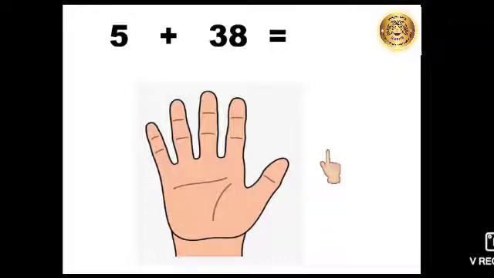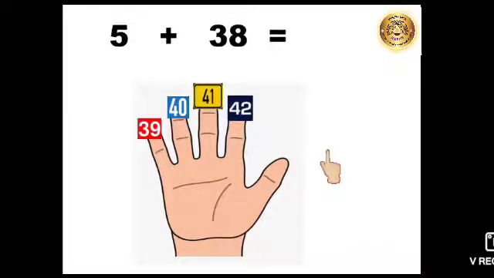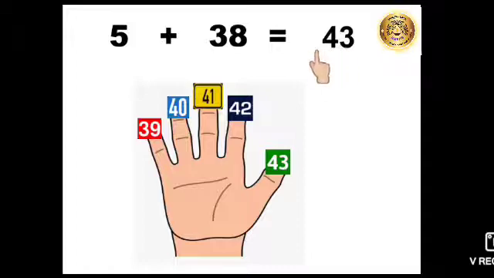What is the next number after 38? It is 39, 40, 41, 42 and 43. The last number we get is 43. Then the sum we get is 43, meaning 5 plus 38 is equal to 43.